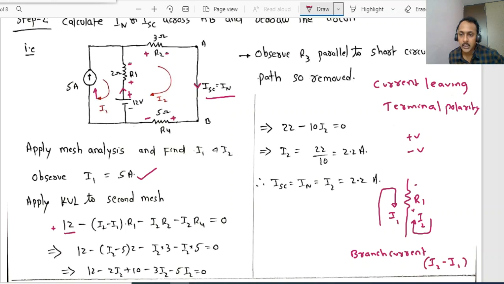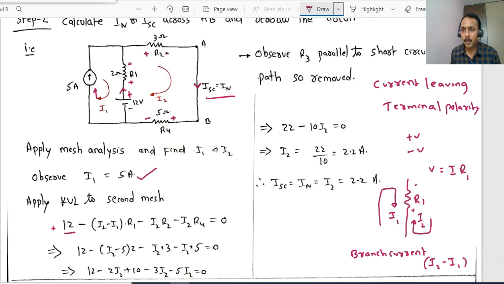So if somebody asks what is the voltage drop across R1, V equals IR, we are very much familiar. We are asked the drop across R1. The resistor value is R1, no doubt. But which current do we have to take? Here the student gets the doubt. Here the student commits the mistake. The value of current must be the branch current.